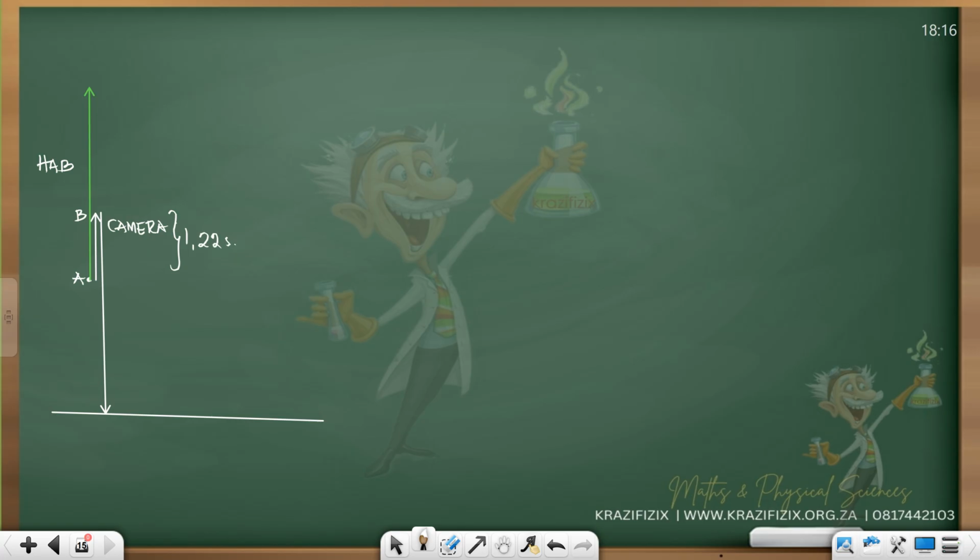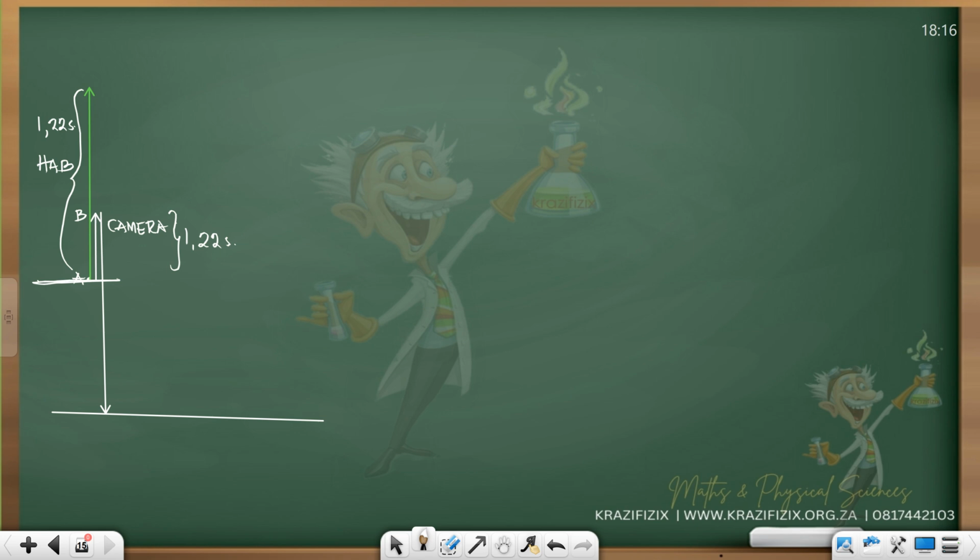Meanwhile, the hot air balloon is still moving on. So the hot air balloon is also here after the same time, 1.22 seconds. How far is the hot air balloon now? The camera dropped and traveled for 1.22. The hot air balloon is still also moving for 1.22.